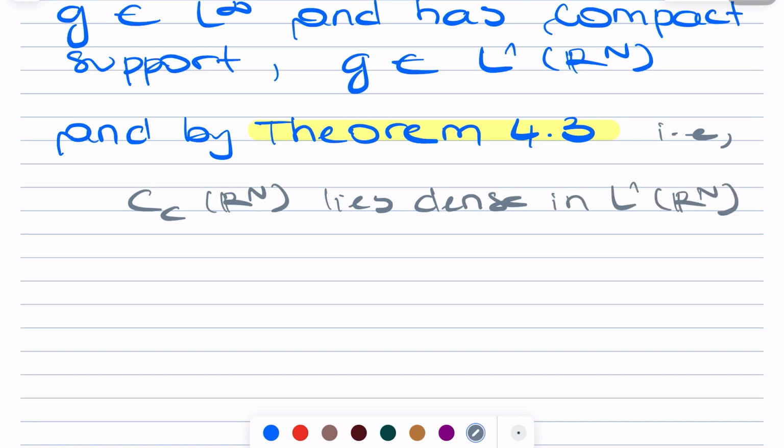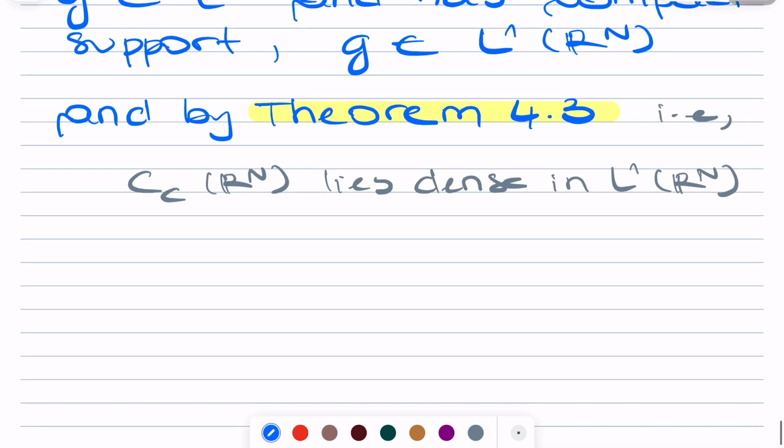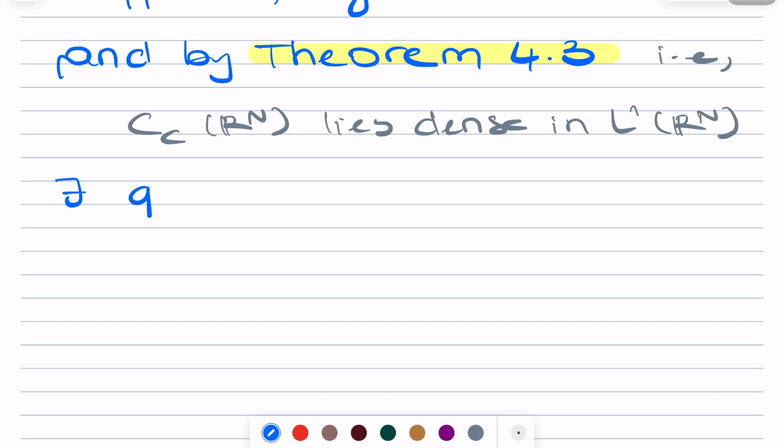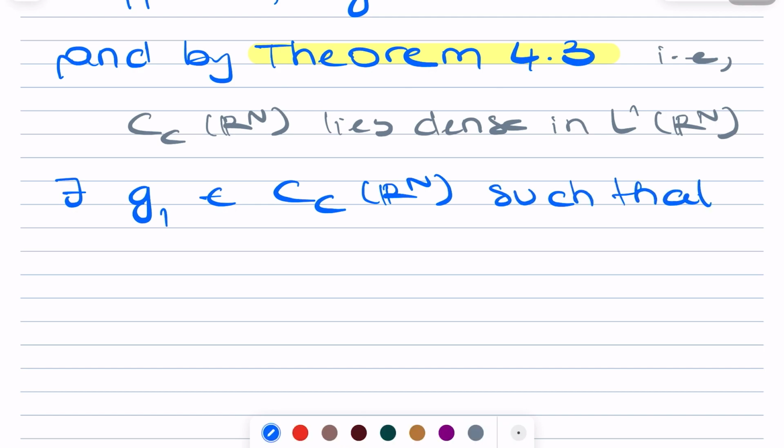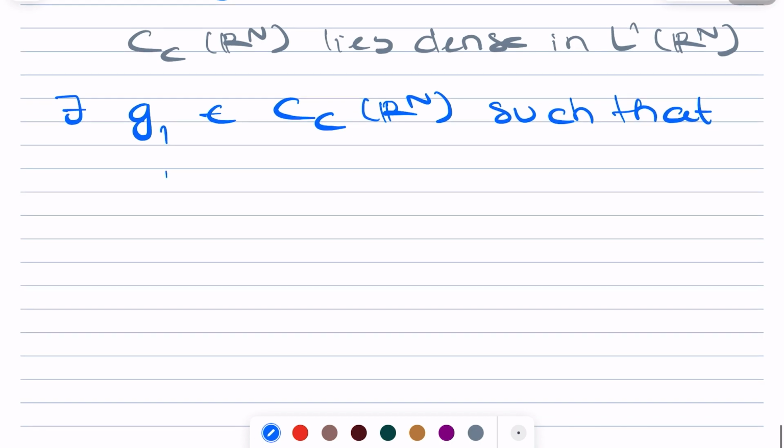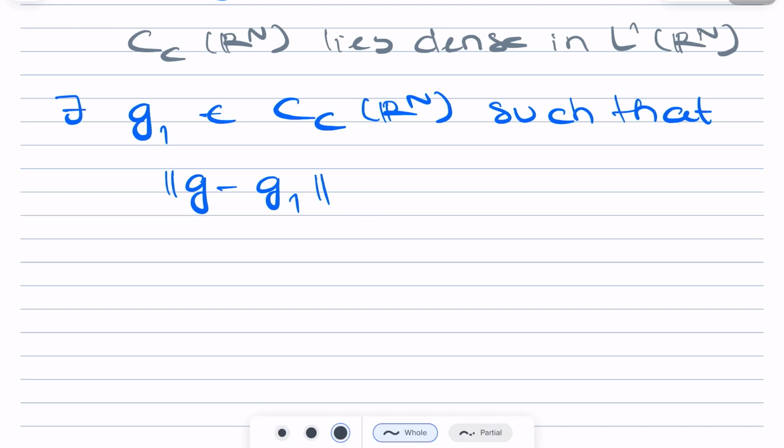So by theorem 4.3, we know that there exists g1 in the space of continuous functions with compact support in Rn, such that the norm of g minus g1, the one norm, sorry, is strictly less than delta.